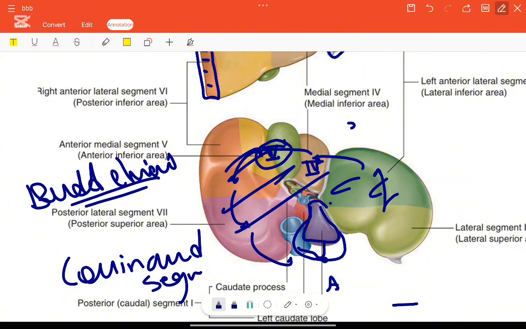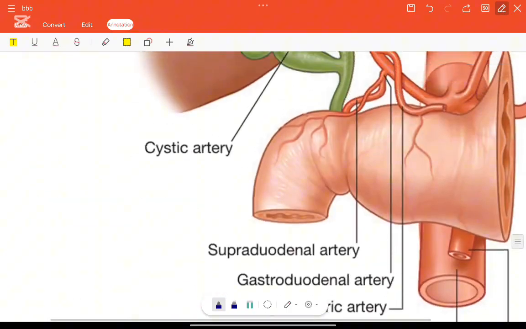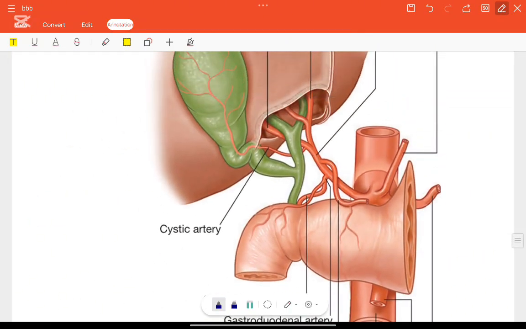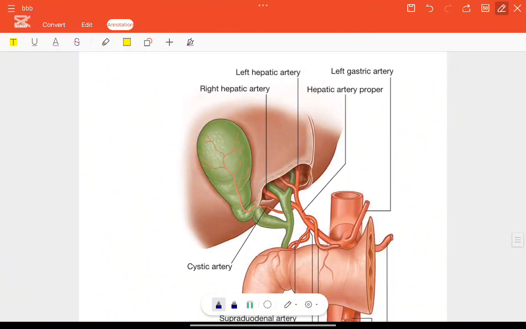Next, about the liver, we're going to talk about the blood supply. So, arterial blood supply. Of course, it's supplied by the hepatic artery proper, which is a branch of the common hepatic artery, which is a branch of the celiac trunk.